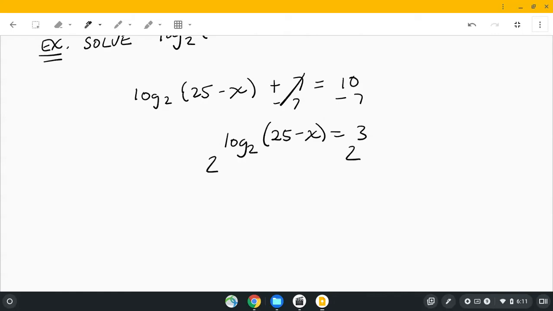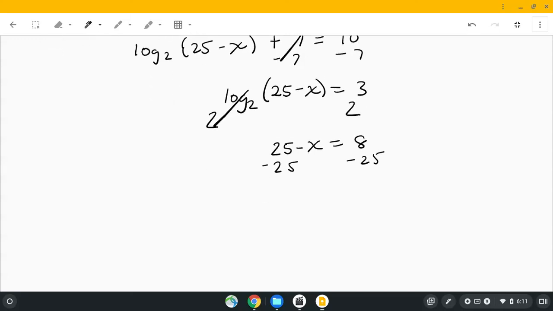And so here, these will cancel out, leaving me 25 minus x equals 2 to the third, which is 8. Then if I subtract 25, I get negative x equals negative 17. So x equals 17.